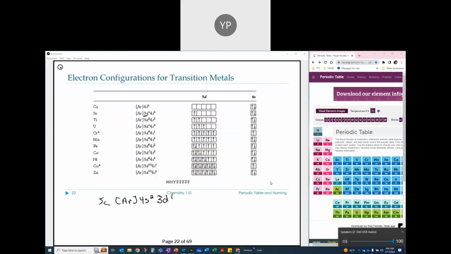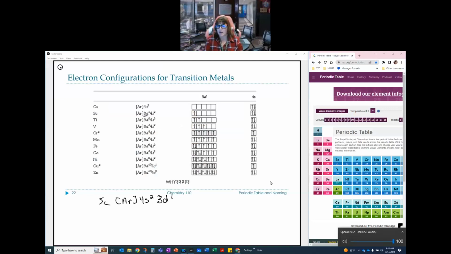So again, you'll see sometimes that the 4s is written first, sometimes the 3d is written first. Both are okay. I don't care which way you do it, because they're both fine. There's no reason to do that any different. And everything looks great until we get to this point where we have 1, 2, 3, 4, 5. Well, okay, this looks normal.